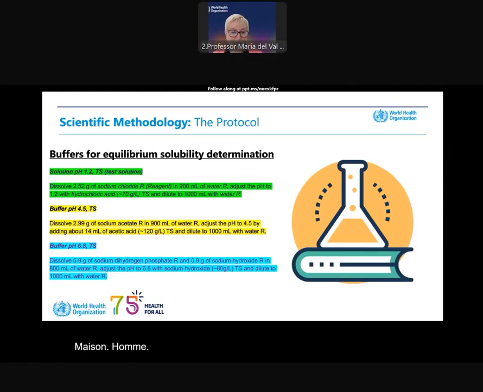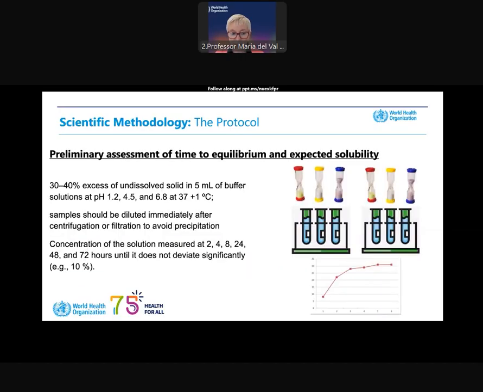And if there is some change in the pH, it could be adjusted using small amounts of acids or base, depending. And if it is not possible to maintain the pH, it could be possible to use higher buffer strength in order to keep the pH control.